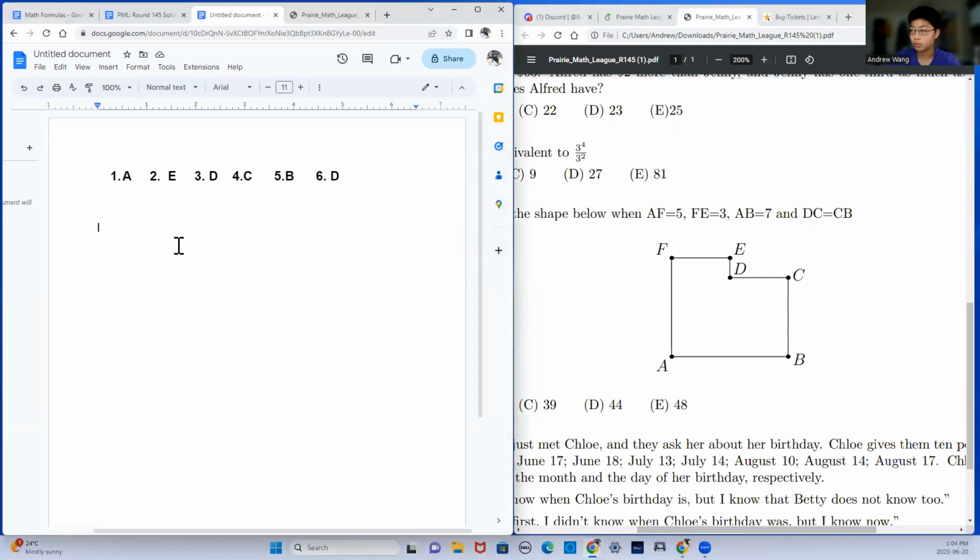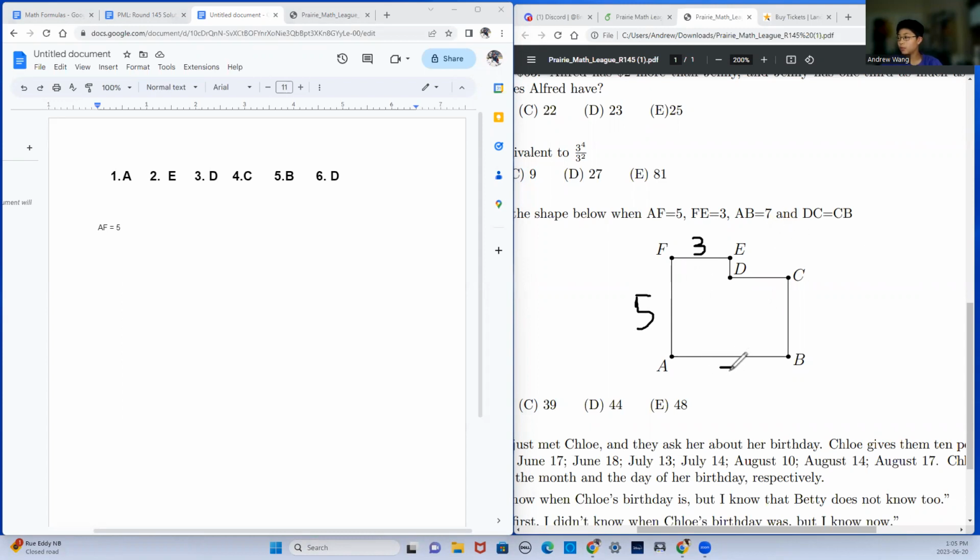So I'm gonna solve it on this side. AF equals 5. You know that. I can also provide some drawings along the way to help so it's easier to follow. So AF equals 5. Put a 5 here. And so we know that FE equals 3. And then AB equals 7.